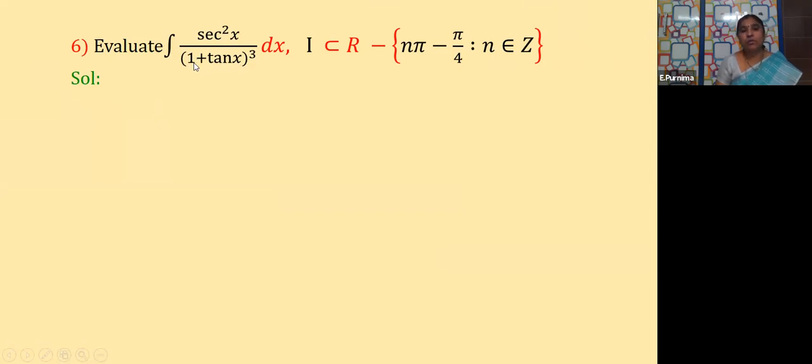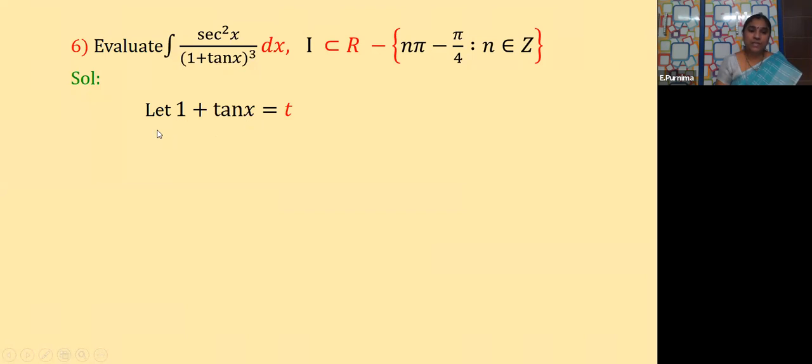Why am I doing so? Because when you are differentiating, the 1 is nothing but a constant, so the derivative of a constant is 0 only, no? So even if you take 1 plus tan x as t or only tan x as t, that doesn't make any difference. Clear, children? So that's why let 1 plus tan x is equal to t.